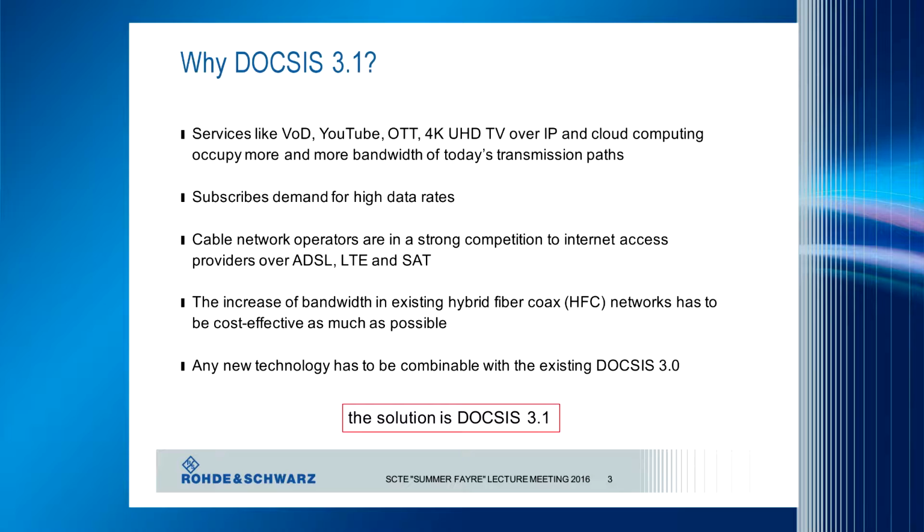Why DOCSIS 3.1? It's no secret, of course, more and more people are used to watching TV or video content via IP paths or transmission paths. The people would like to see television sets via video on demand, via YouTube and so on.